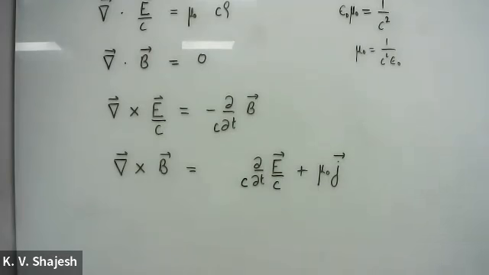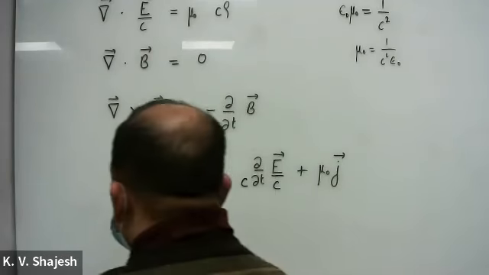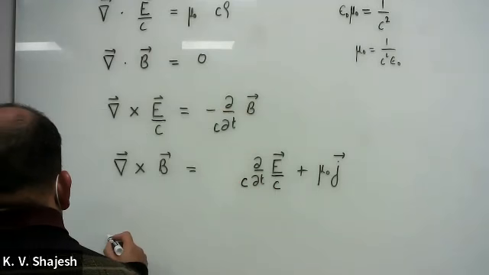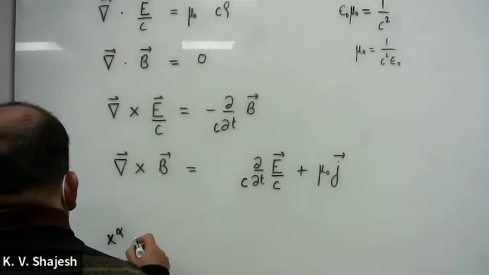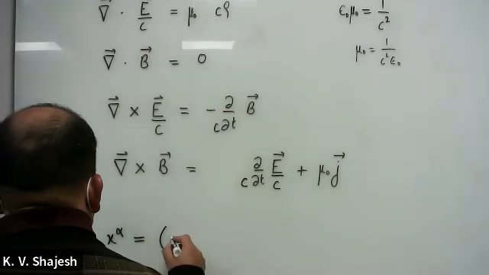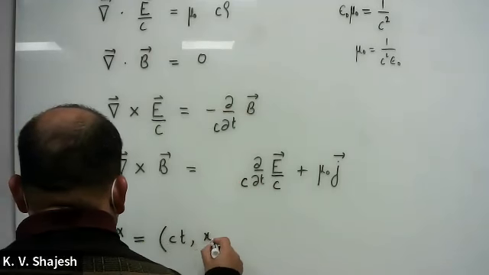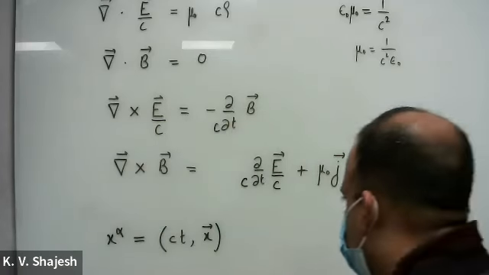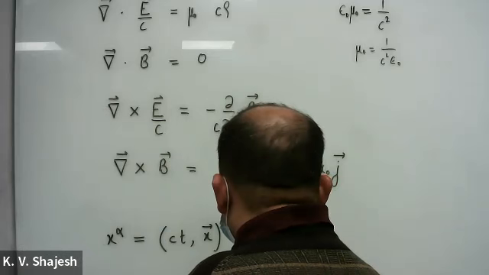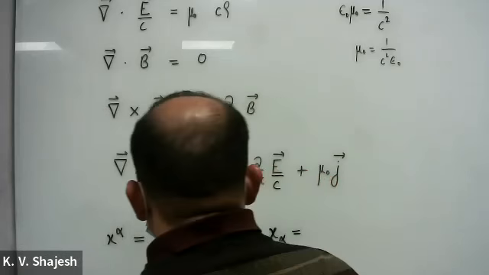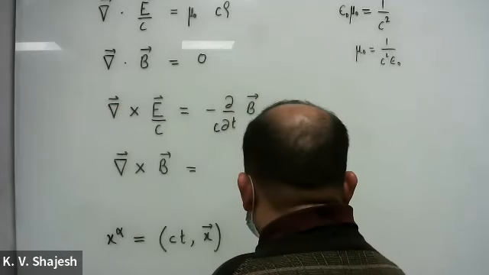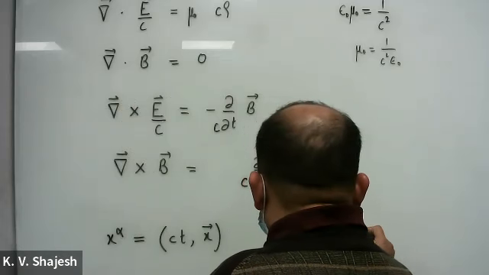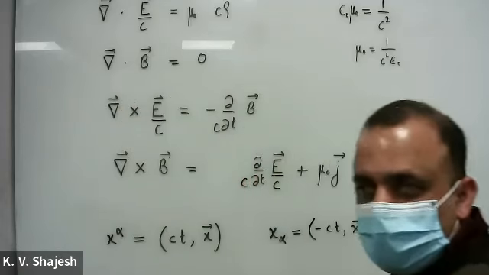That's good. And we also remember in relativity that x superscript alpha is equal to c times t and the vector x. And x subscript alpha is minus ct and x. This is for reminding ourselves.